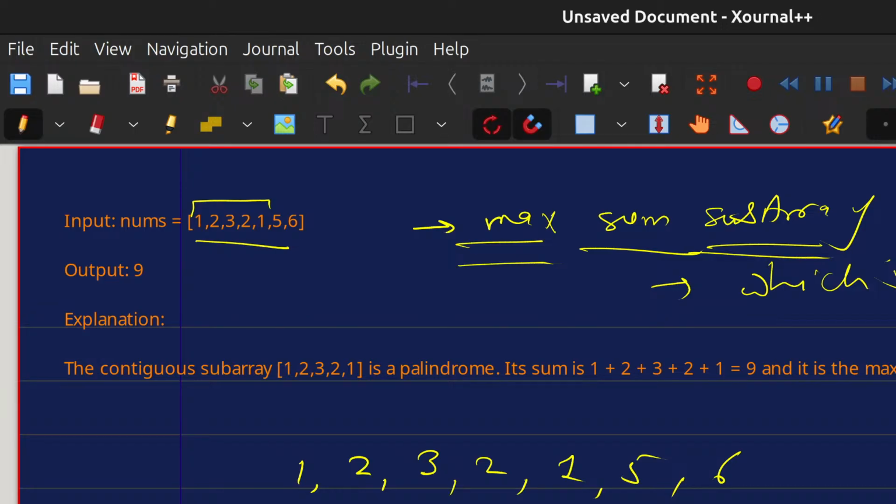We check, okay, if it is a palindrome or not. No. If it is a palindrome or not, no. If it is a palindrome or not, no. If it is a palindrome or not, yes, it is a palindrome.